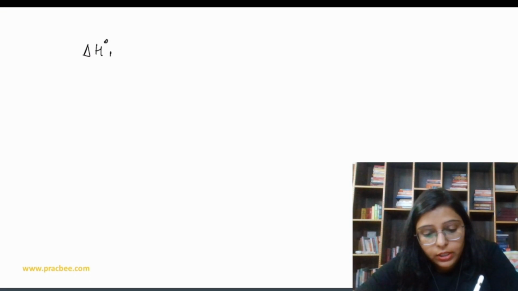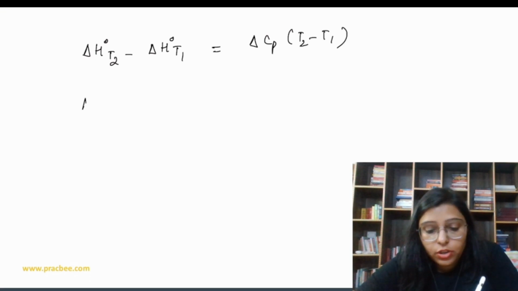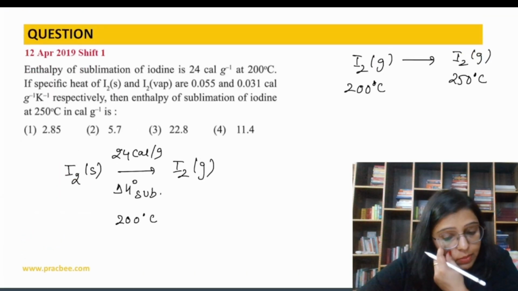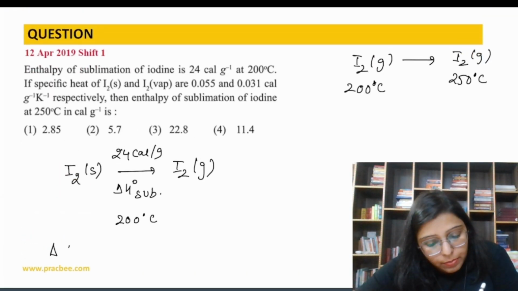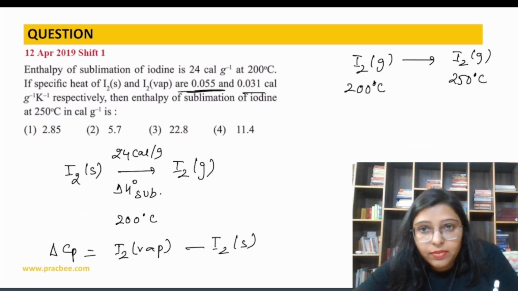Delta H naught T2 minus delta H naught T1 is equal to delta Cp into T2 minus T1. So delta H naught T2 I can write at 250 and here delta H naught T1 is at 200. Delta Cp is the specific heat of I2 vapour minus that of I2 solid, because specific heat is given.